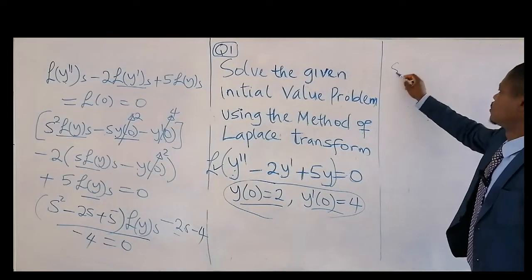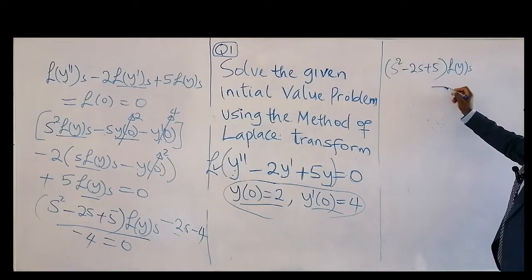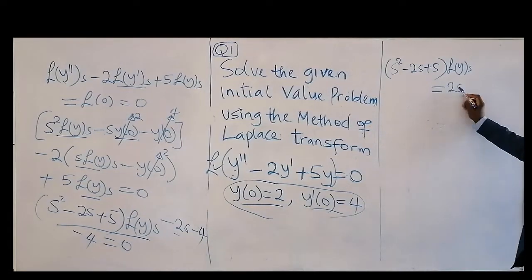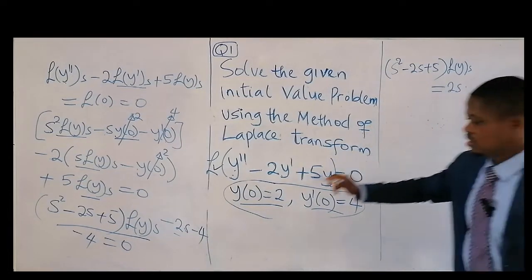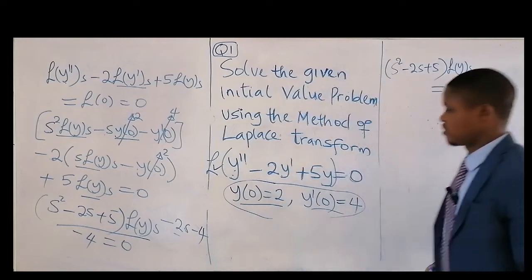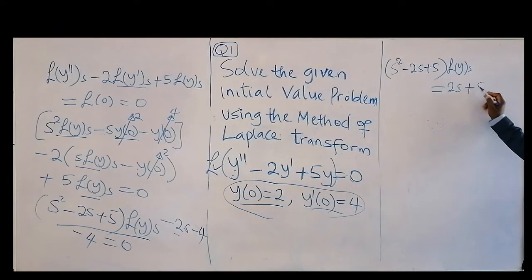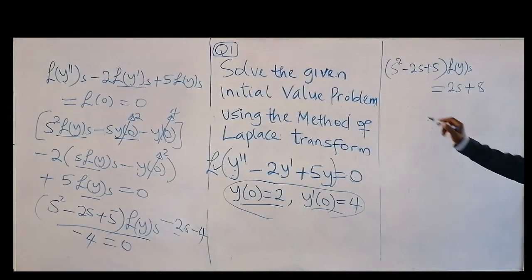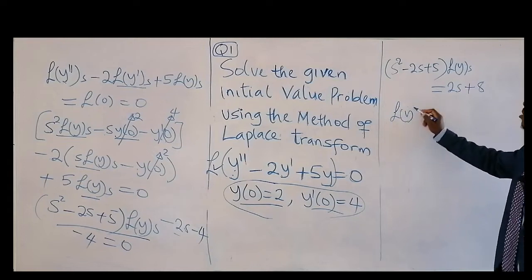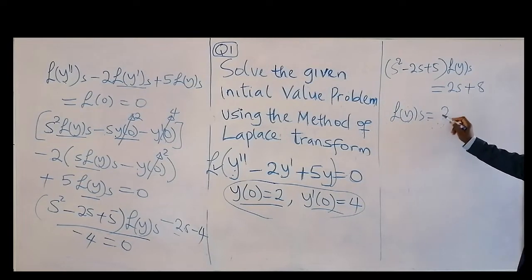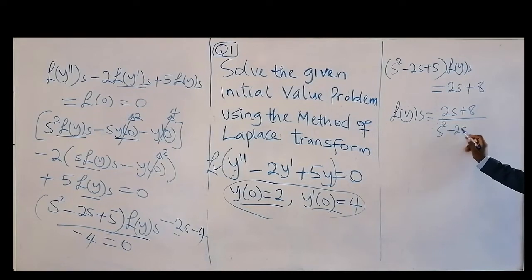So we can leave this one here and move the other parameters to the other side. We now have this equal to 2s. This is a minus 4 and that's a minus 8, so when you move to the other side, that's a plus 8. Then make the Laplace the subject, and that will be equal to this over s squared minus 2s plus 5.